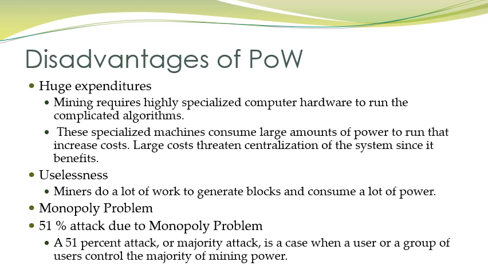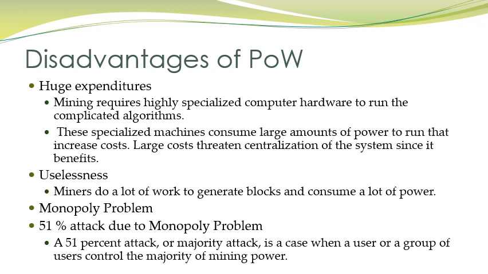Then the monopoly problem. A 51% attack happens due to this monopoly problem in the proof of work consensus algorithm. If a 51% group of people have the mining power, meaning they have the high performance computers, then these people can manipulate the Bitcoin network. They can deny the mining process.